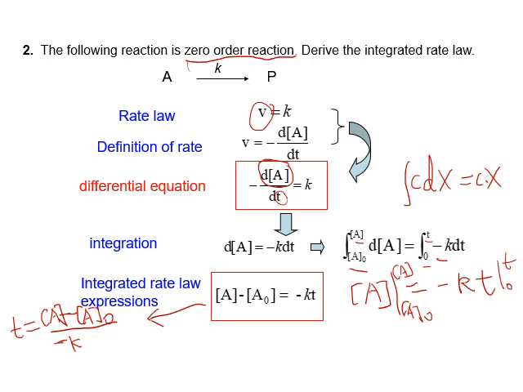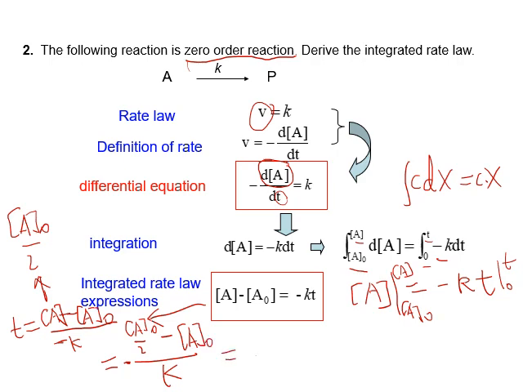Now for half-life, the concentration goes to half the initial concentration, and therefore the time equals 1 over k times (half A initial minus A initial). Half A naught minus A naught is negative half the initial concentration, and the negatives cancel, so you have A naught over 2k.